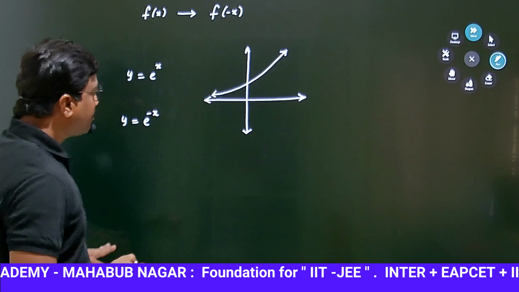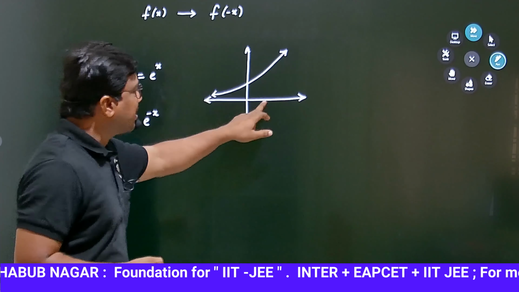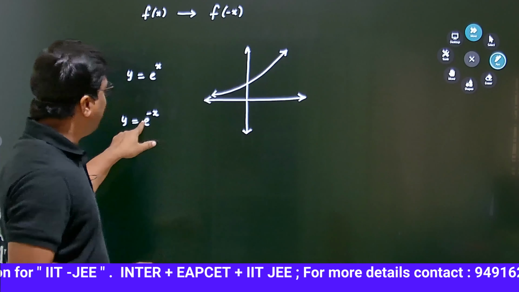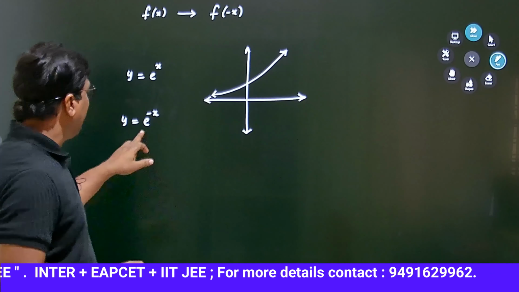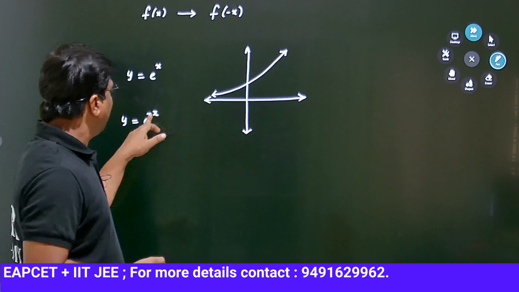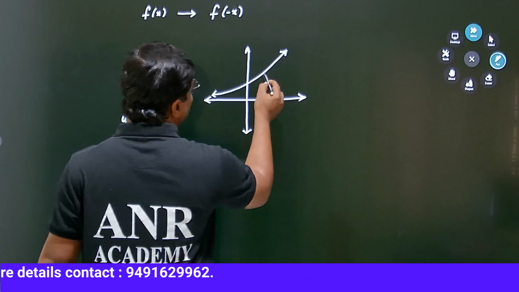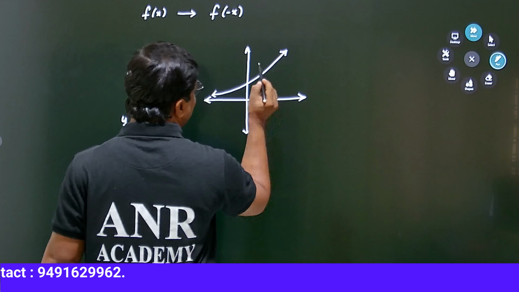Next, whenever x value is 1, e power 1 is e, but here it is 1 by e, remember. When you put x value 1, e power minus 1 gives 1 by e, a value less than 1.